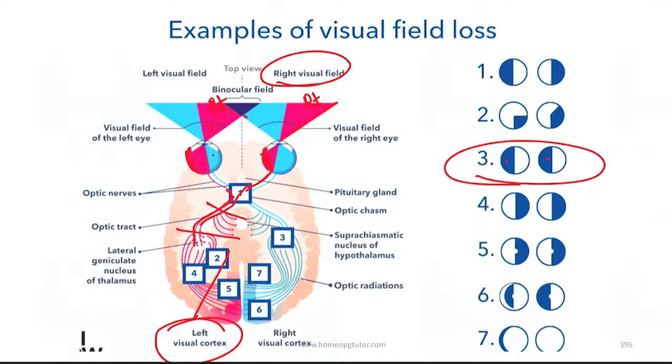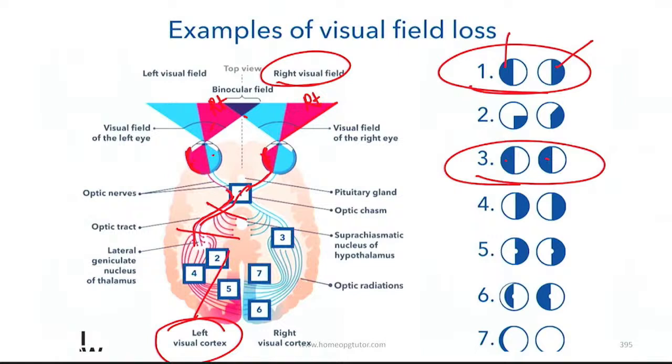But in the first image, you can see the right visual field of the right eye and the left visual field of the left eye is affected, right? Only the medial portion is seen. That means only the crossing fibers have been affected.